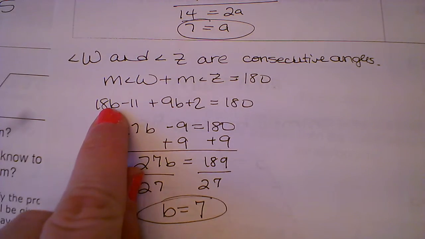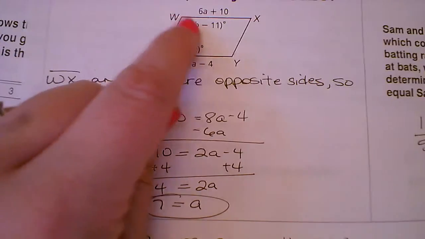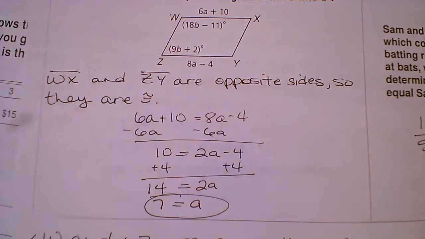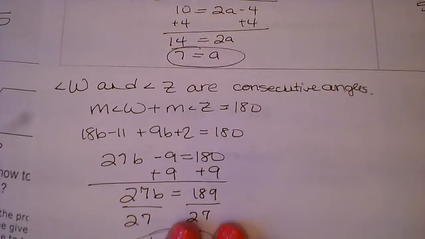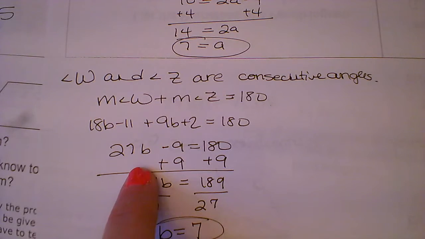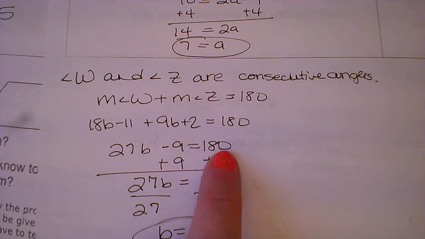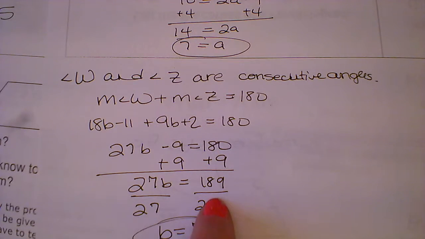So we're plugging in those expressions for each one of those angles. 18B minus 11 was angle W, and 9B plus 2 was angle Z, so we just plug those in. Now we combine like terms. 18B plus 9B is 27B. Negative 11 plus 2 is negative 9, equals 180. Combine your constants by adding 9 to both sides, and then dividing by 27, we get that B equals 7.